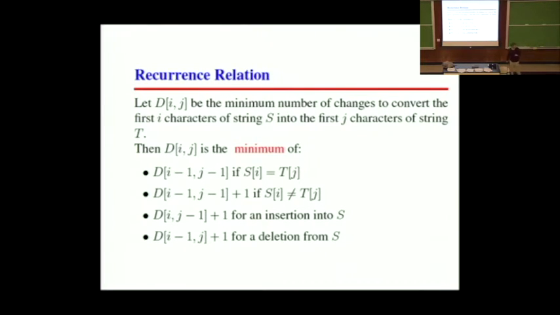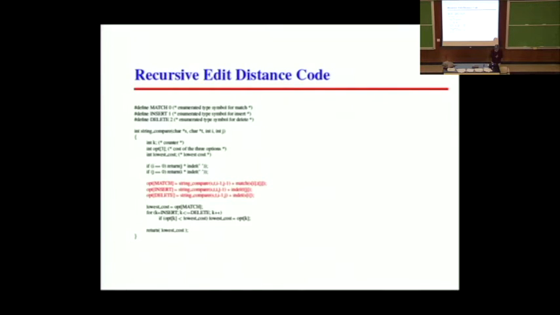Now, because I'm running a little behind, here is, just for your entertainment, a recursive implementation of this recurrence. Does everybody see that string compare is calling string compare, string compare, string compare? This is a recursive call, like your recursive Fibonacci program.